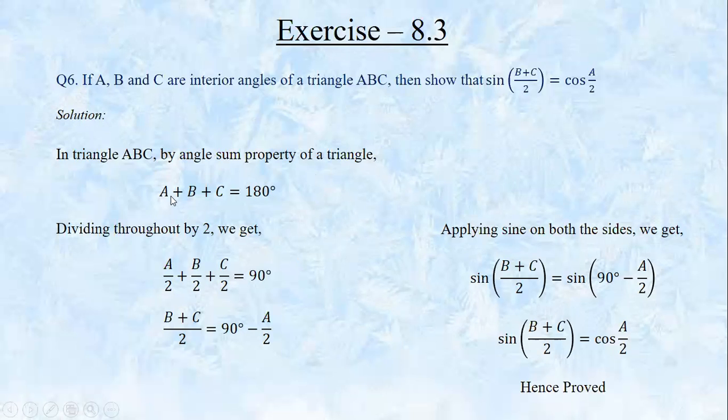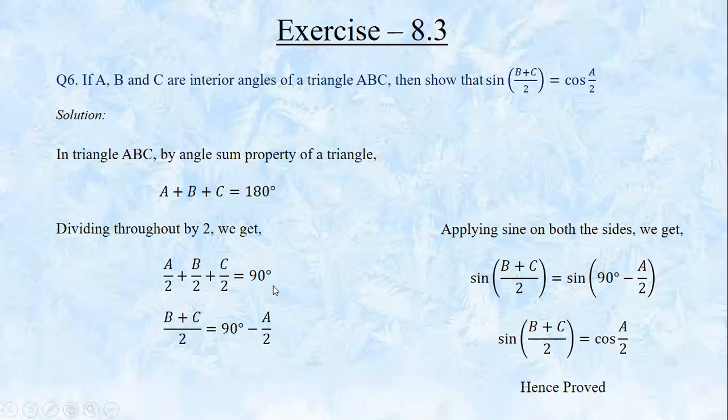You can notice that the symbol angle is not mentioned here. In trigonometry, it need not be mentioned because they've already given that ABC are interior angles. Dividing throughout by 2 because we have to prove for half the angles. So we divide throughout by 2. A by 2 plus B by 2 plus C by 2 is 180 divided by 2 would be 90 degree for us.